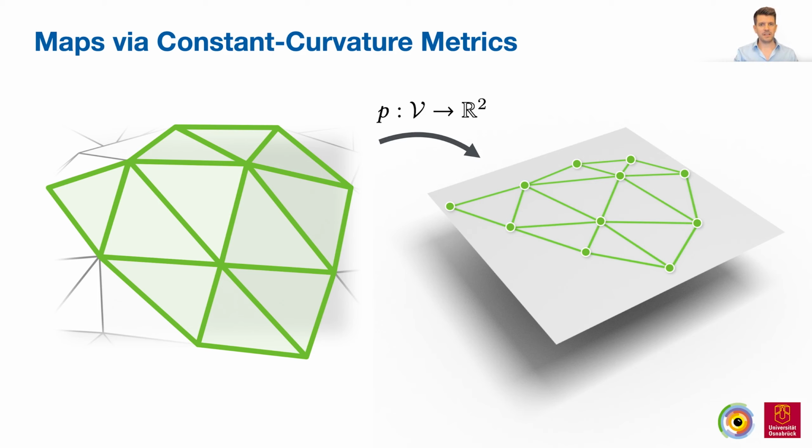This leads to the idea of not representing these maps to the intermediate constant curvature domain by means of absolute global coordinates, but relatively. In other words, instead of using a map, we can use a metric. More concretely, instead of equipping vertices with coordinates, we can equip edges with length, which is then referred to as discrete metric.